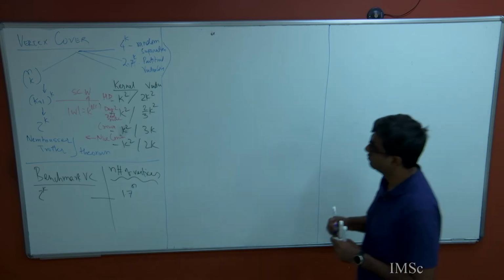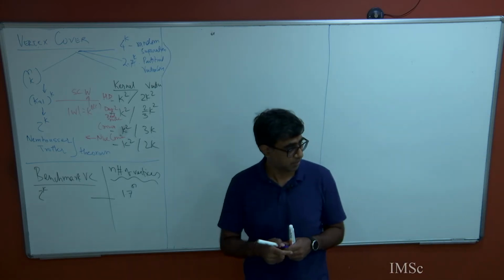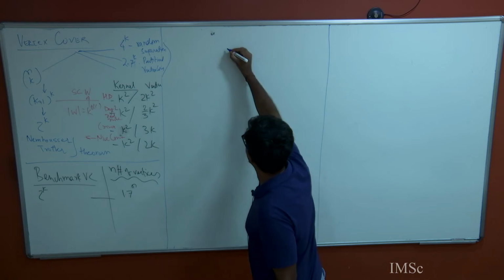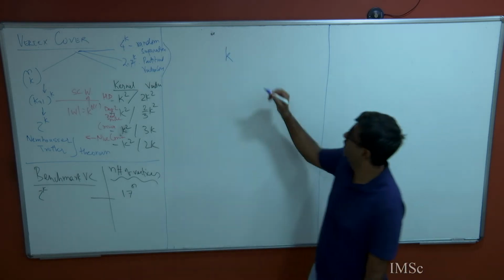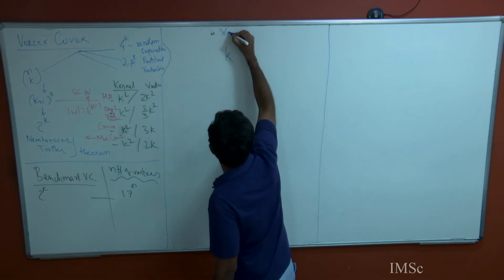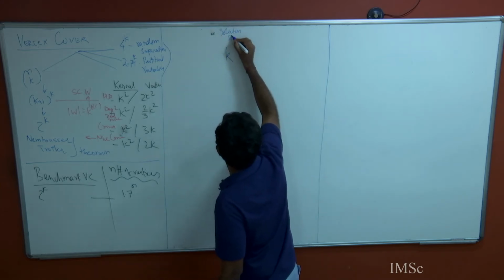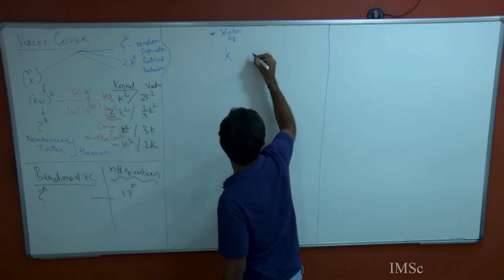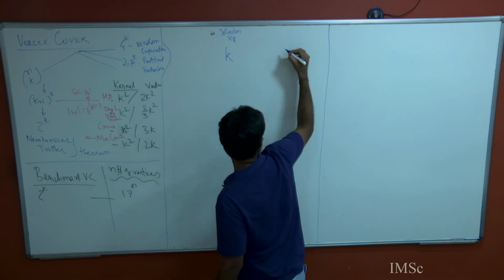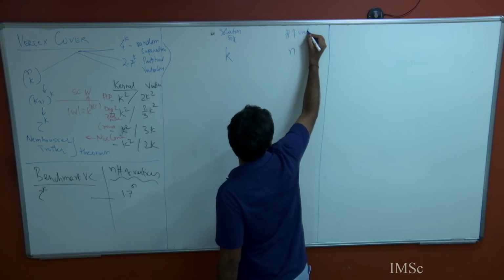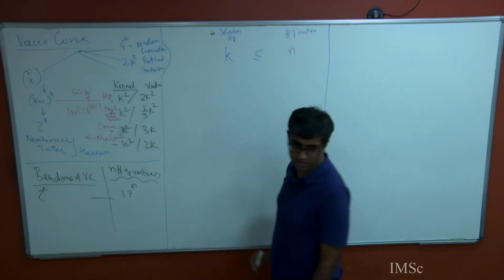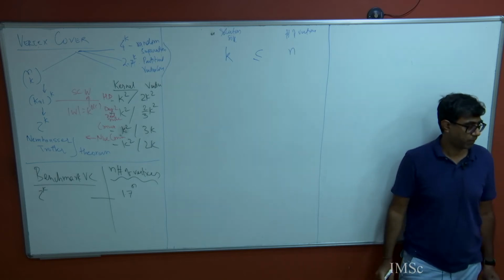Look at k, which was my solution size, and then we used n, the number of vertices, and we know this relation holds between k and n.